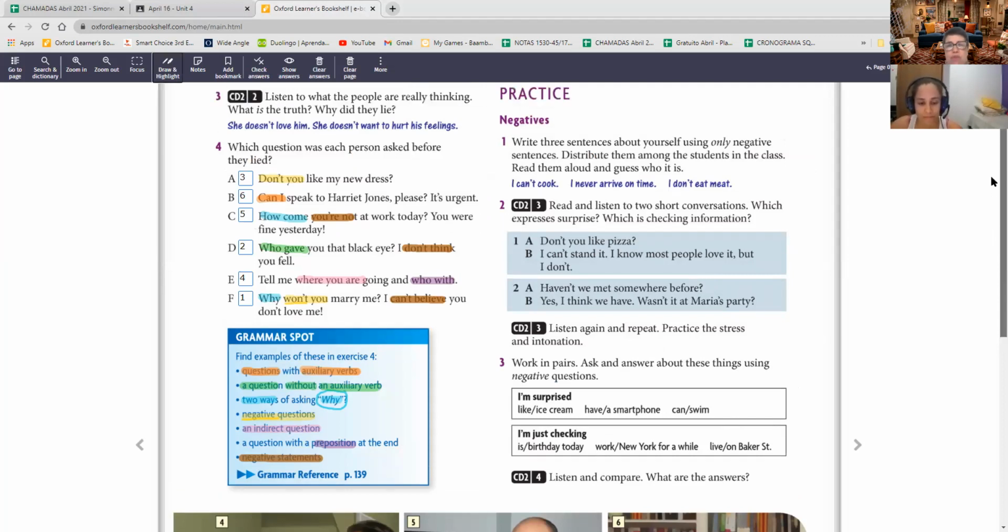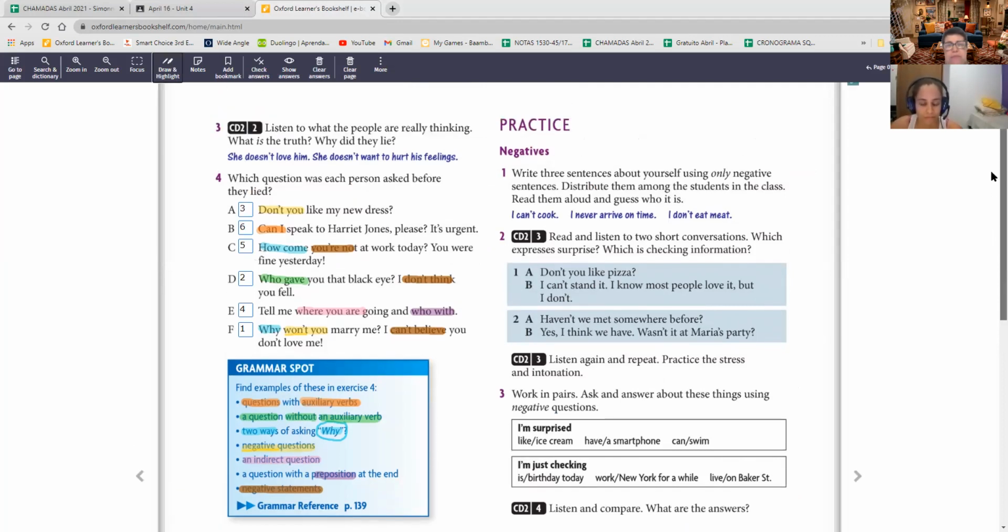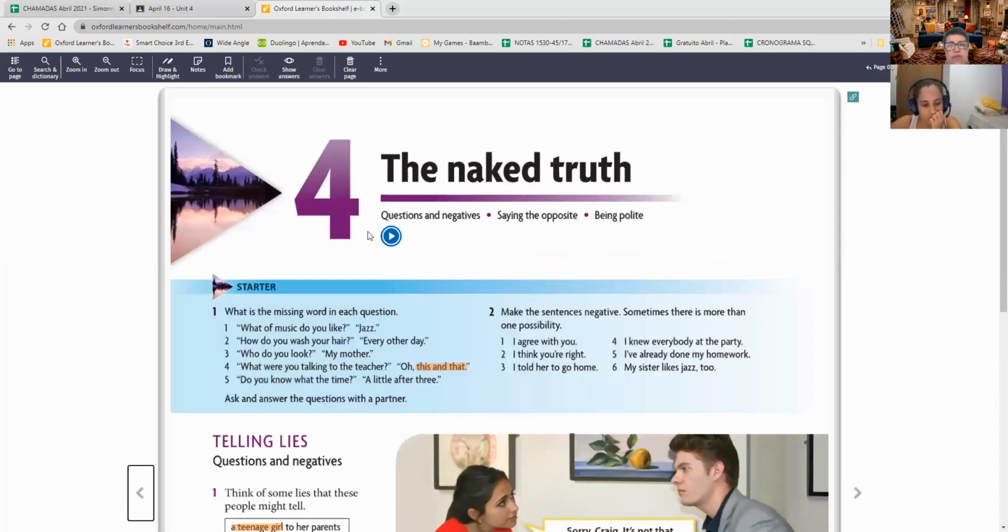Unit 4, page 27, talks about questions, because in this lesson, the focus is questions and negatives, right? Later in the unit, we will talk about saying the opposite, and the everyday English part is about being polite. Okay, so many interesting things to learn.